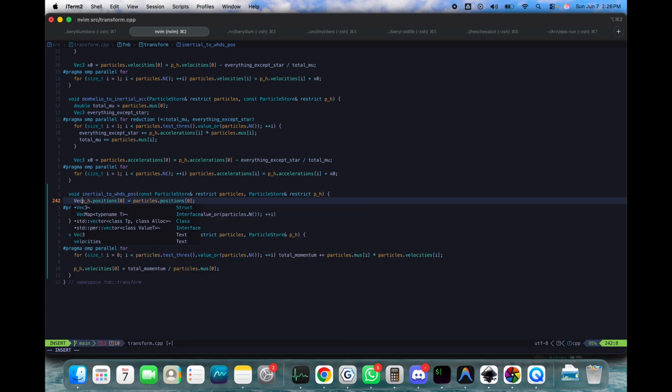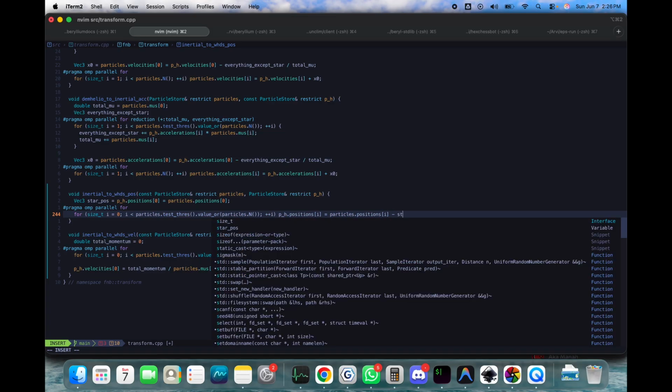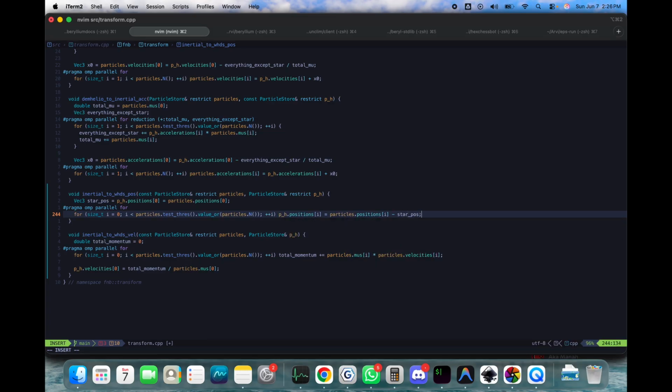I could probably throw this in here actually. So we have pH dot positions index i equals particles dot positions index i minus star pos. Wonderful.